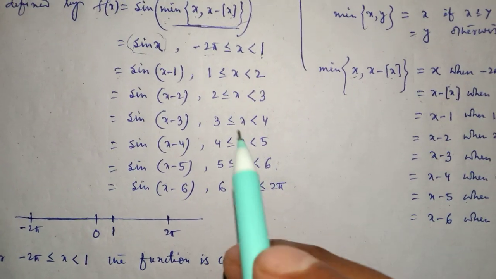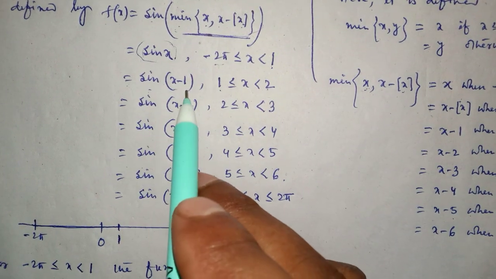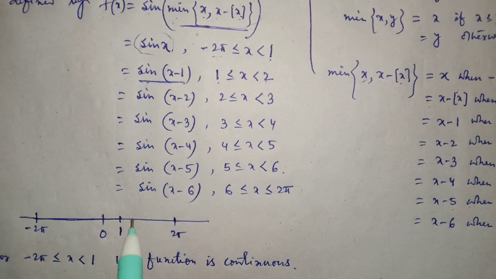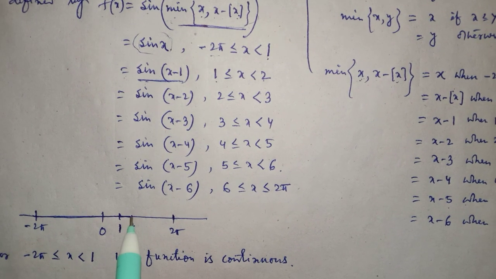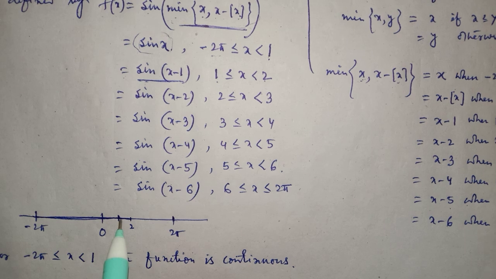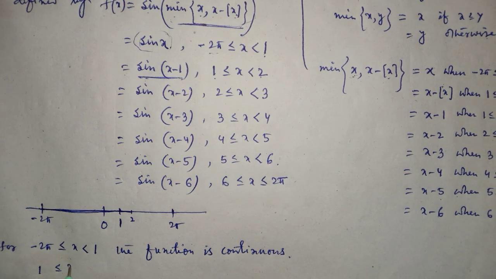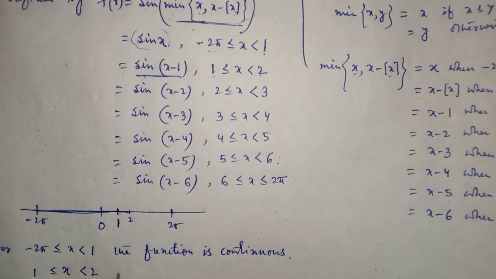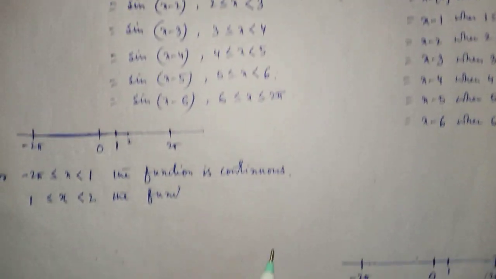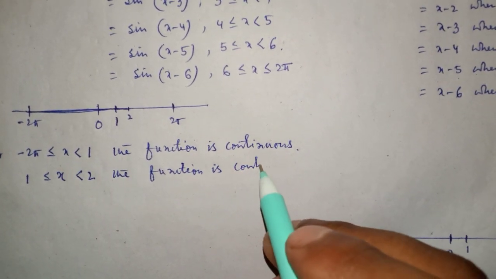When x belongs to 1 to 2, sin x minus 1 is also a continuous function. From here to here, continuous. So for 1 less than or equal to x less than 2, the function is continuous.